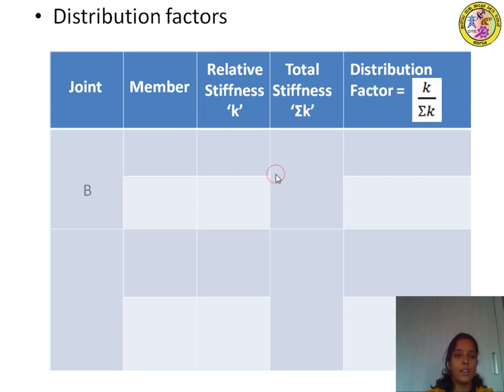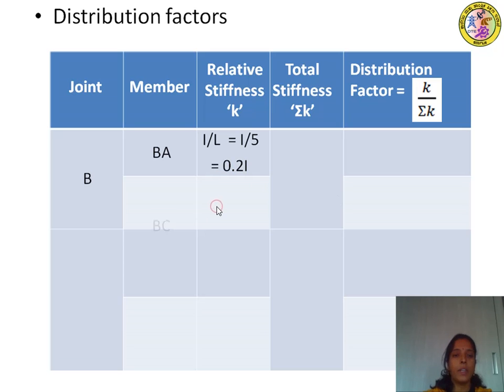Let us consider the first intermediate joint, that is B. The members meeting at joint B are BA and BC. For BA, since the far end A is fixed, the relative stiffness is calculated by I by L. So it is I by 5, that will be equal to 0.2I.